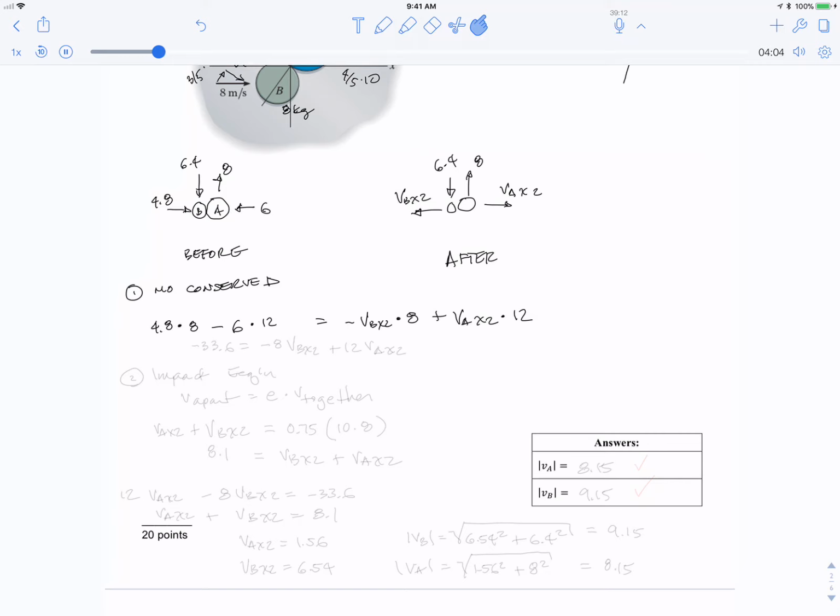So that comes out to minus 33.6 equals minus 8 VBX2 plus 12 VAX2.